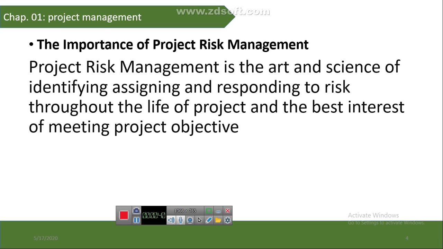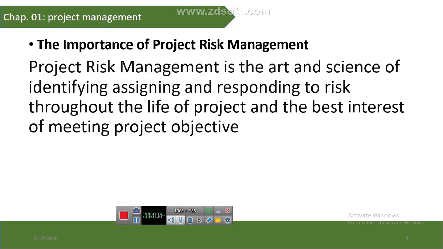Project risk management is the art and science of identifying, assigning, and responding to risk throughout the life of the project. We have discussed the project life cycle and life of the project: every project has a start date and an end date, in the best interests of meeting a project objective. Every project has its own objective.